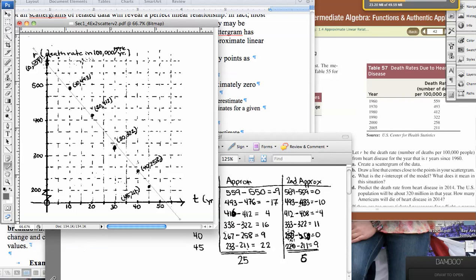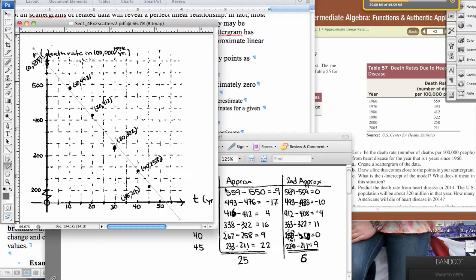Now we're going to predict the heart disease deaths for 2014. Well, 2014 is going to be even further down here, which means that we're going to be in negative values for death rates. That doesn't work either. That means that our model is not predicting as accurately as what we would like to see, and we're extrapolating the data and therefore seeing model breakdown. These are the things that are actually an issue.